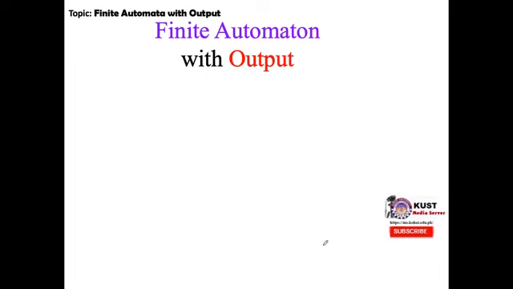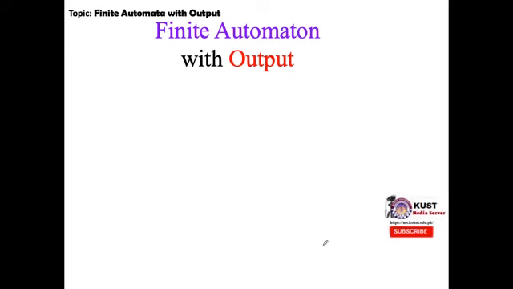Now in all these lectures we talk about different types of FA. We talk about FA, we talk about TG, we talk about GTG, we talk about NFA, we talk about NFA with epsilon. And all these machines accept regular languages.